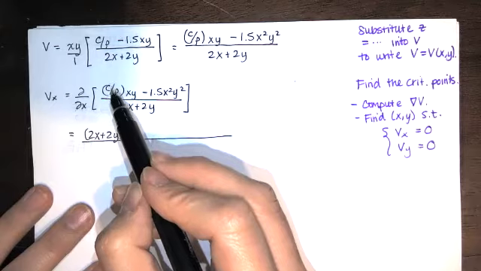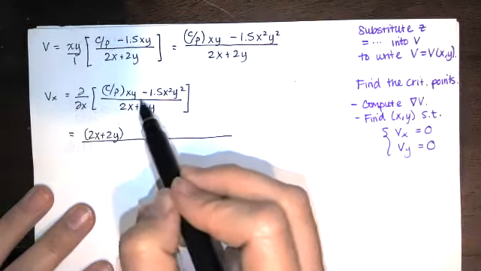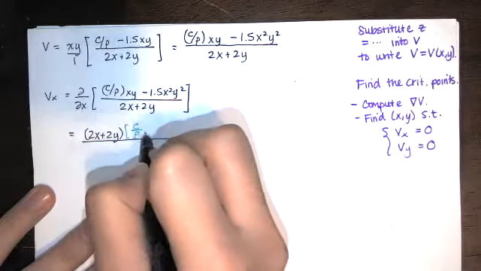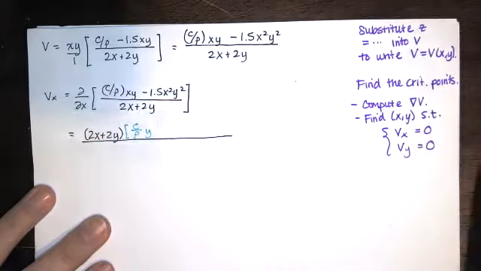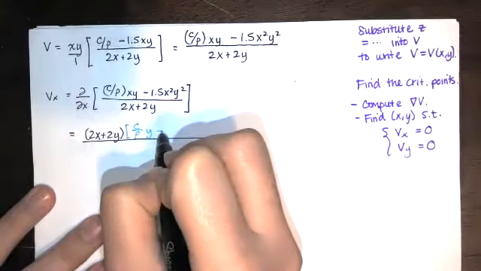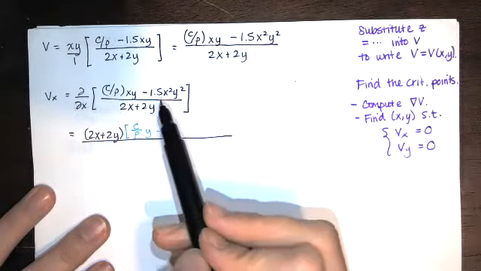The derivative of this, I'm thinking of this as a constant times x, is the constant. And then over here, I'm subtracting the derivative of this with respect to x, treating y as a constant.